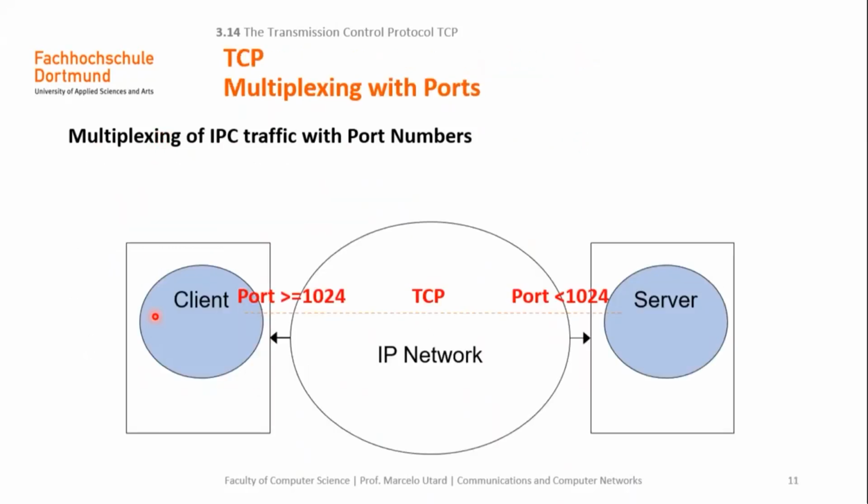Well, remember the multiplexing of inter-process communication traffic with port numbers. We already explained this in some previous lectures. But in fact, remember that the TCP connection is defined by the IP address of each end, the protocol TCP, and the port number at each end.